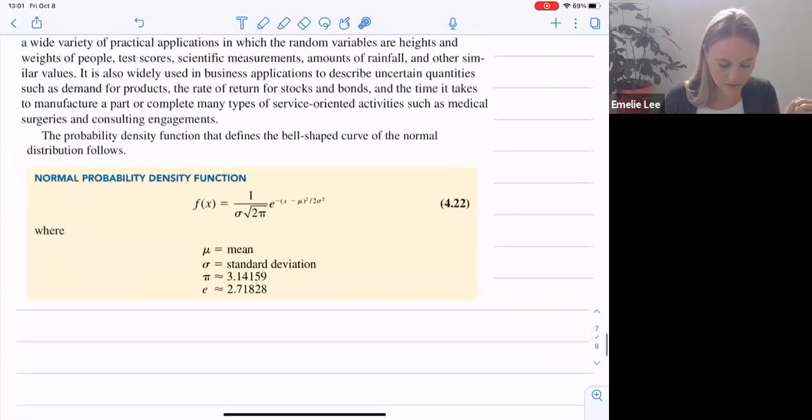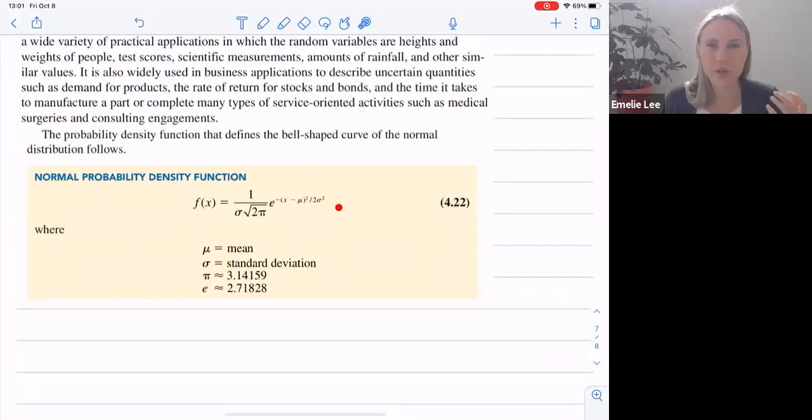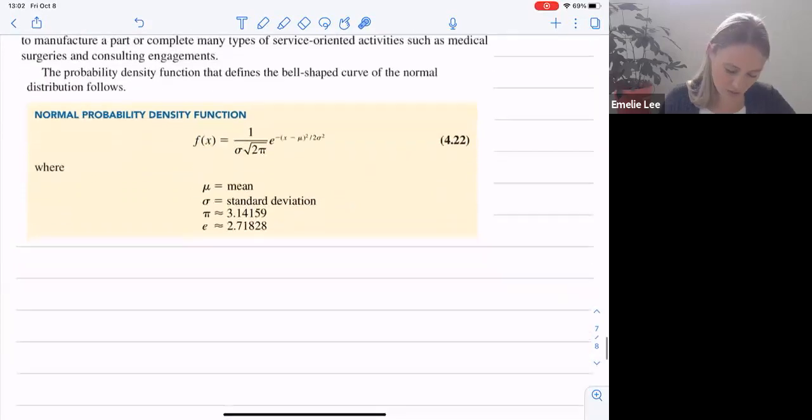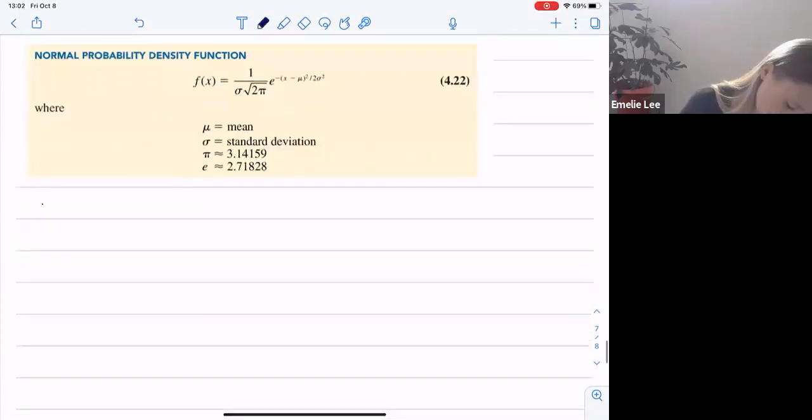And so we're never going to use this formula. That's insane, right? All of these functions are built into any software that we want to use.